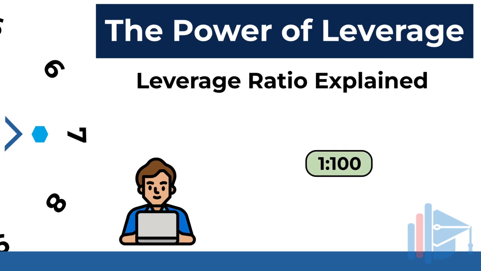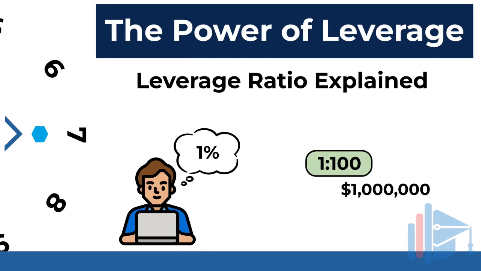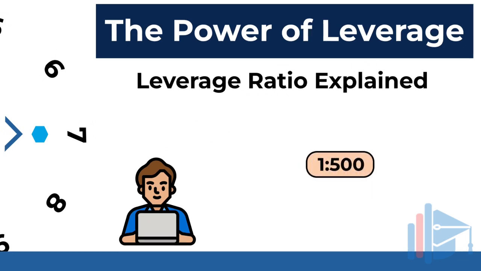With a 1 to 100 leverage ratio, only 1% of the trade value is required as margin. For a $1 million trade, the required margin would be $10,000. With 1 to 500 leverage, the trader needs just 0.2% of the trade value.